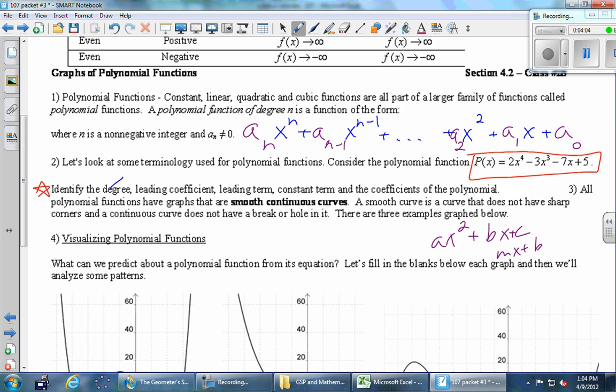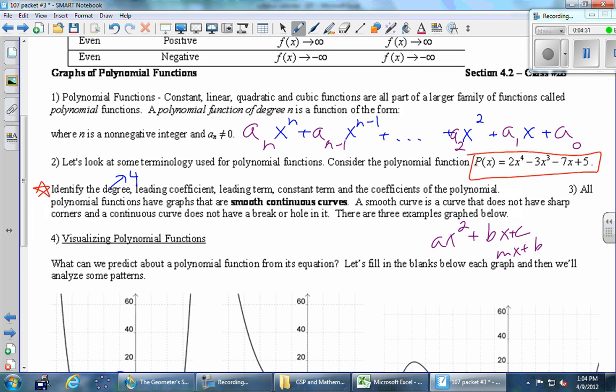The degree is the highest power you see. What is the highest power? 4. The degree in this case is 4. We care about the degree because knowing the degree gives you a lot of easy information about the graph. The graph of this 2x to the 4th minus all that stuff is a complicated thing. It's got some ups and downs, but there's going to be some information for us to grab very easily just looking at the 4.